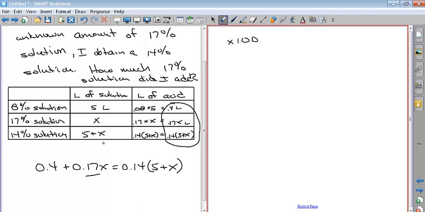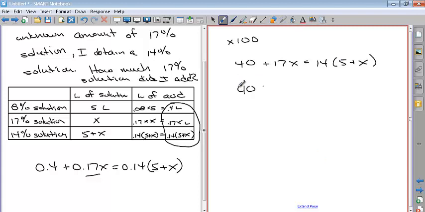If you take this and multiply by 100, you'll get 40. This one, you'll get 17. This one, 0.14, you'll get 14. All the other ones stay the same. And now you solve it.